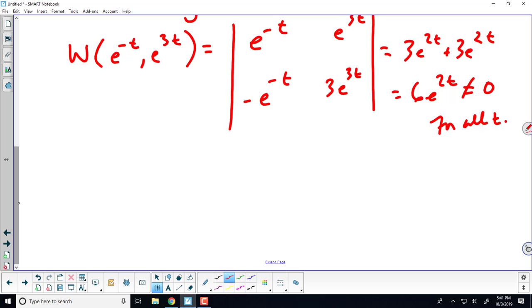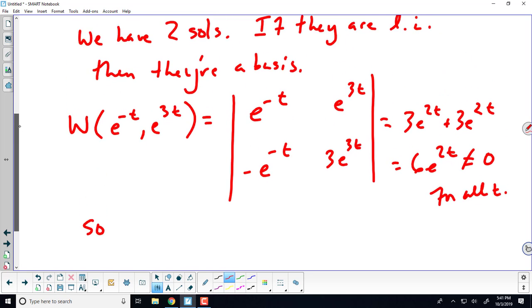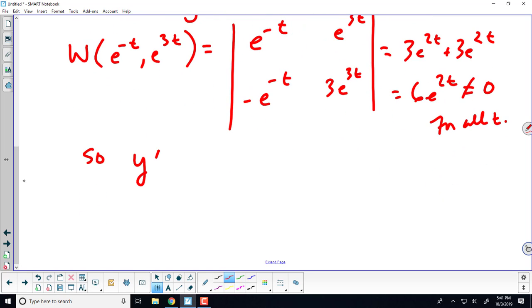We've just checked that they're linearly independent. 2 is the number we need to span our set as long as they're linearly independent. So what was our differential equation? y of t equals c1 e to the minus t plus c2 e to the 3t is the general solution.